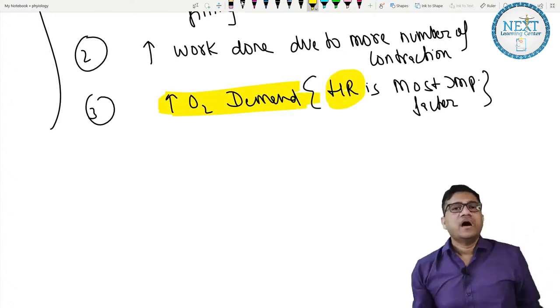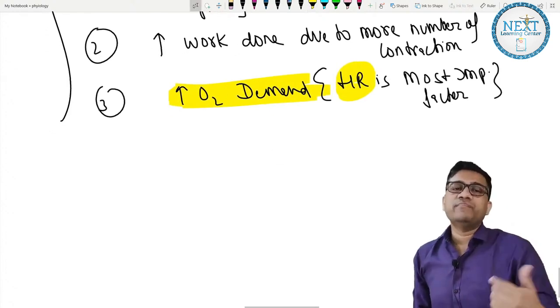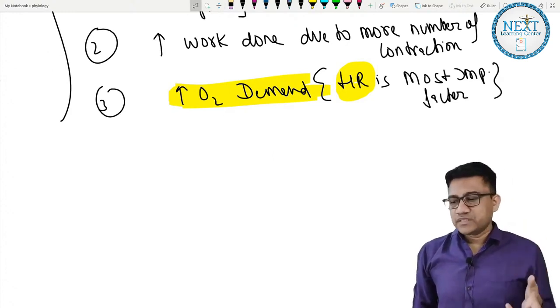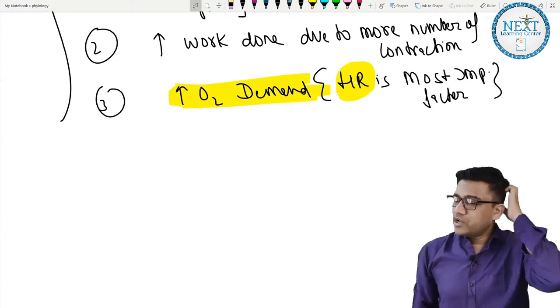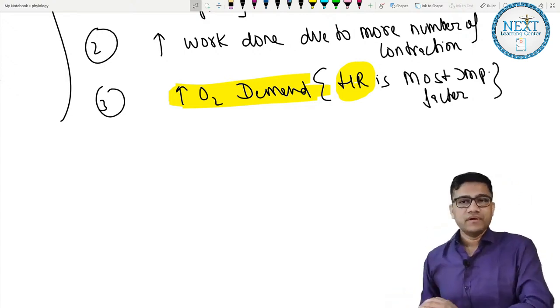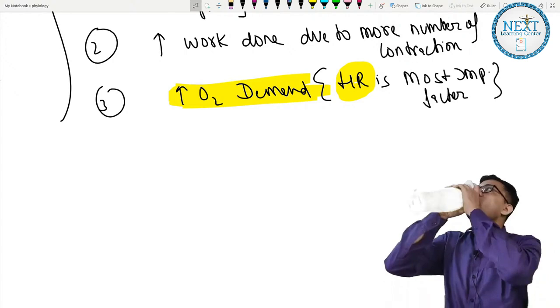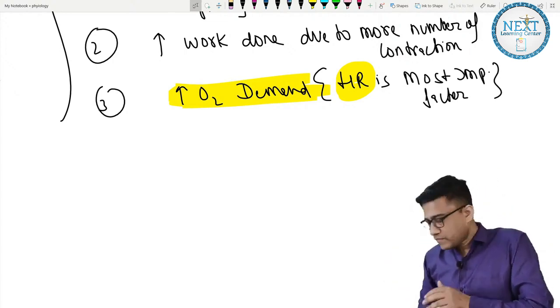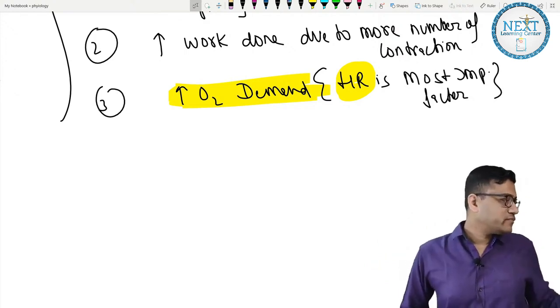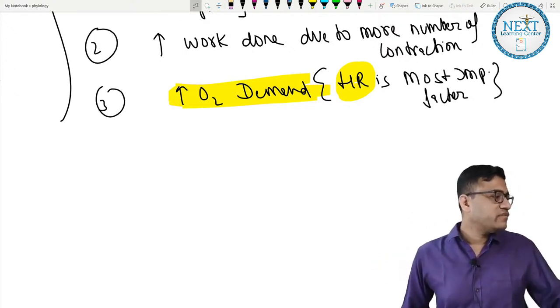Heart rate is the most important factor for the myocardial oxygen consumption. Are you clear? Myocardial oxygen consumption. Okay, so I hope it's clear. So is it clear to you? Okay, so that is the funda we will have.